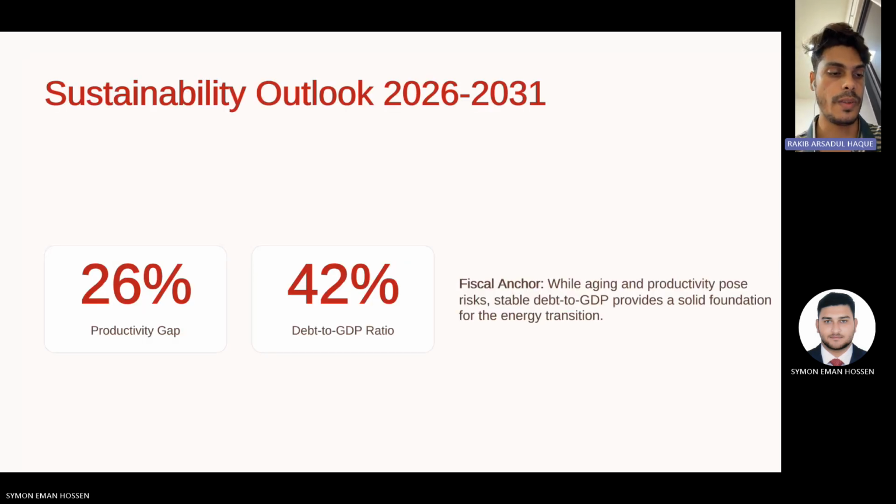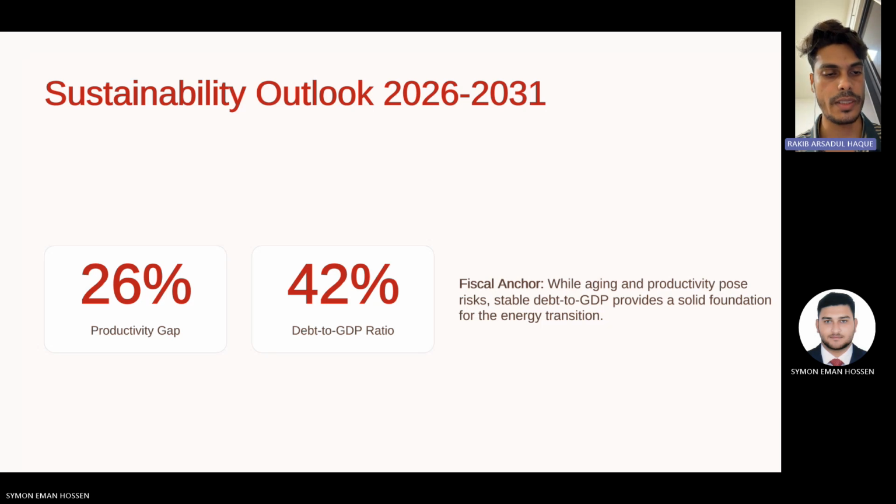This is among the lowest in the G7, giving the federal government fiscal firepower to invest in the green transition or respond to future shocks.